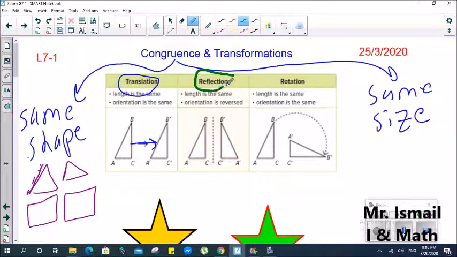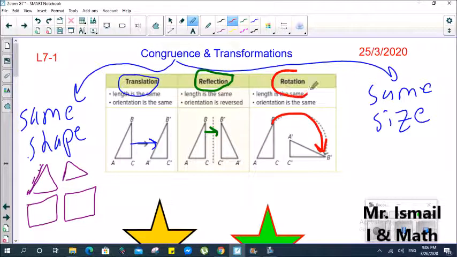Also, reflection. If I reflect this triangle along a vertical line, the triangle stays a triangle and the size stays the same measure, not bigger, not smaller. Even if I rotate it, the triangle stays a triangle, AC stays the same measure as A prime C prime, A prime B prime same as AB.